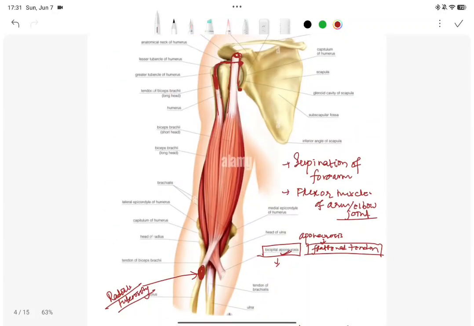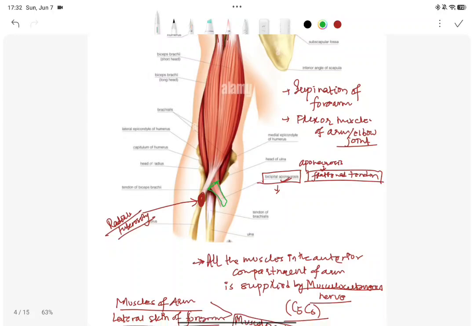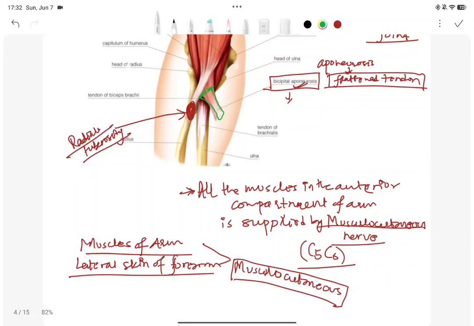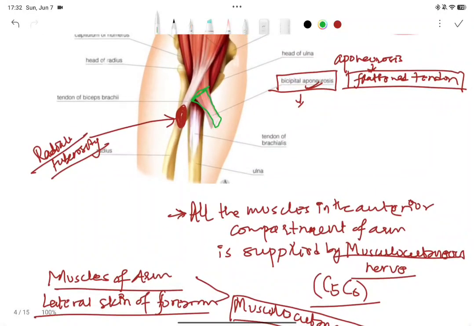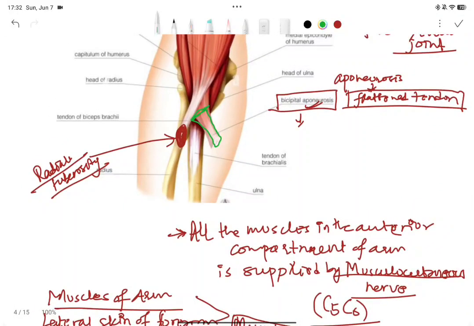So there is the bicipital aponeurosis right here, as you can see, projecting towards the medial side. It is a broad aponeurosis of biceps brachii located in the cubital fossa. It separates the superficial from deep structures in the fossa. It originates from the distal insertion of the biceps brachii, and there is the tendon of brachialis also. Brachialis inserts into the ulnar tuberosity.